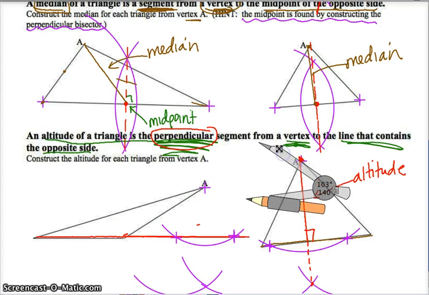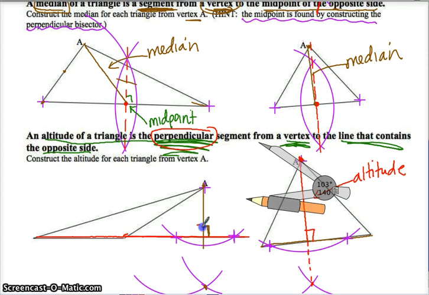So there I have to line up now this point of intersection with my A, and then I just connect. Oops, so there we go.